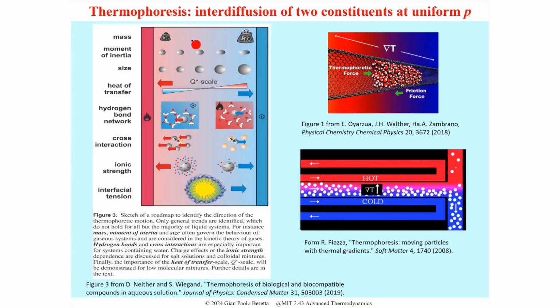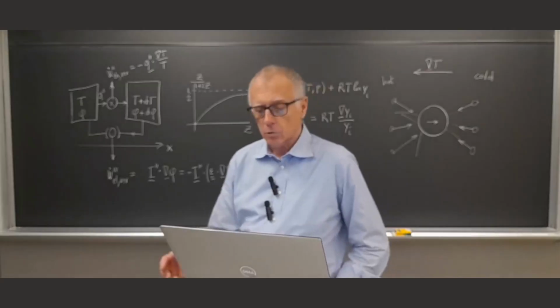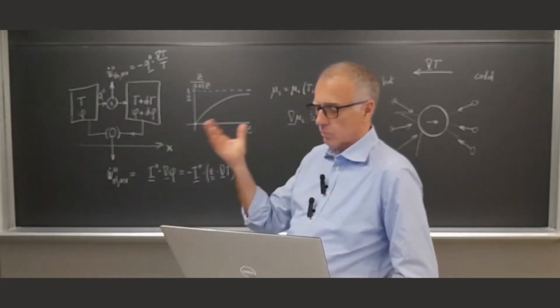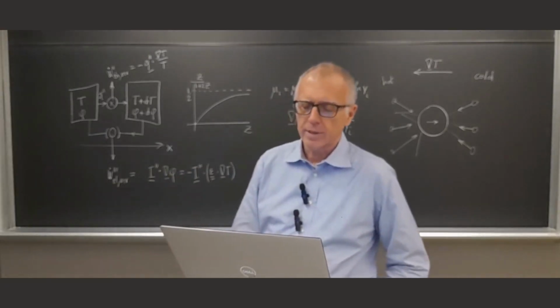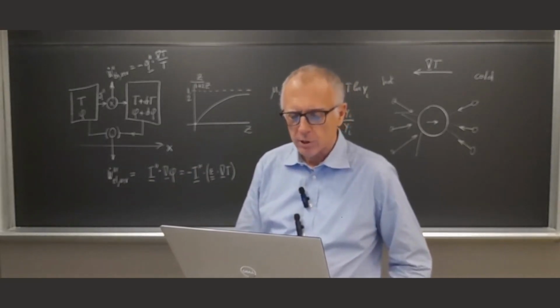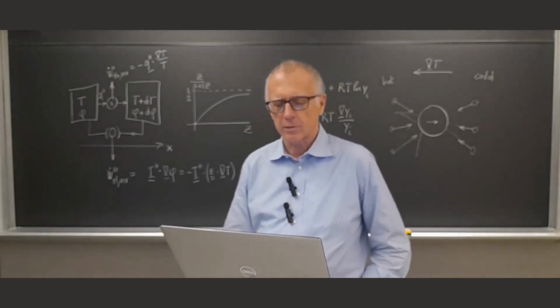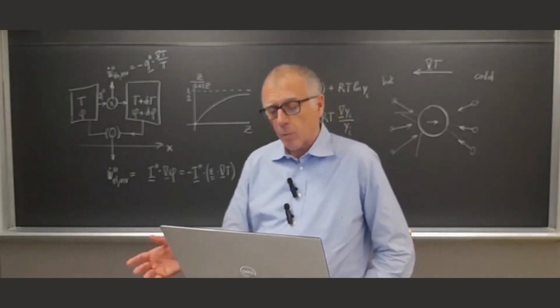So there is a whole realm of possibilities with which you can use the Soret effect to drive things towards the hot or towards the cold, depending on how you engineer the properties of your materials.